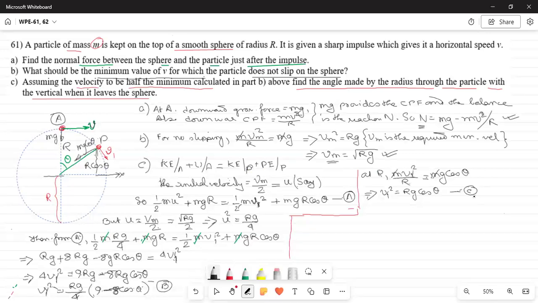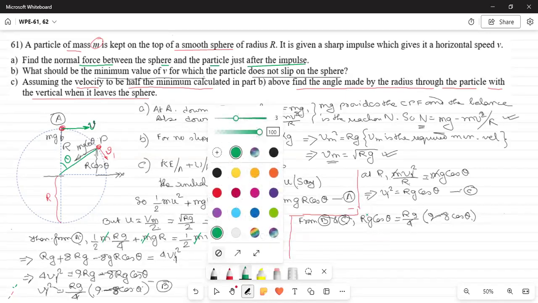Now from B and C, what can we write? rg cos theta is equal to rg by 4 into 9 minus 8 cos theta.